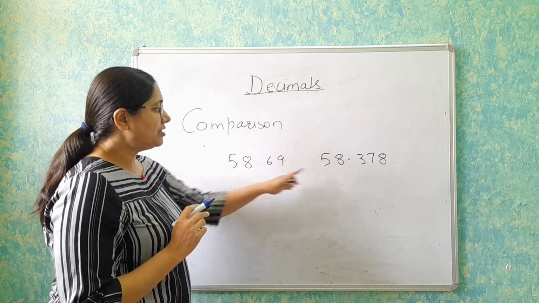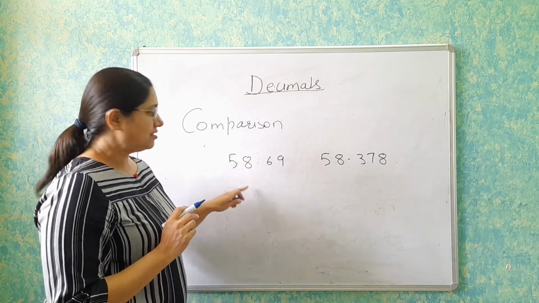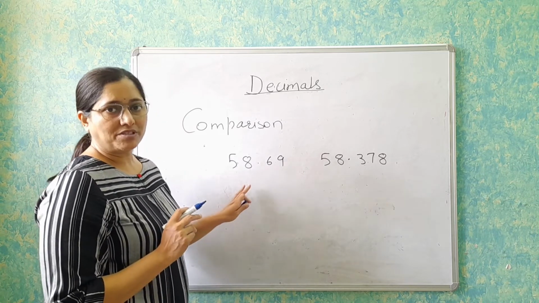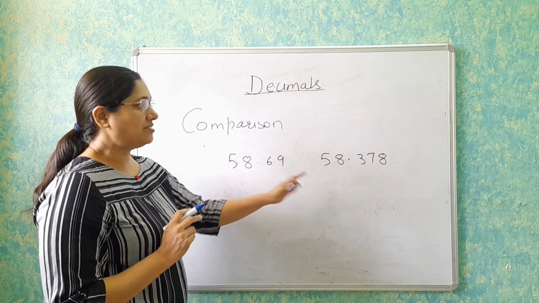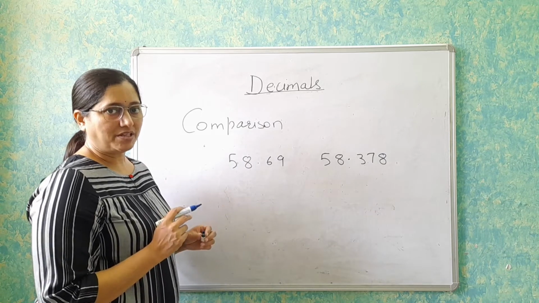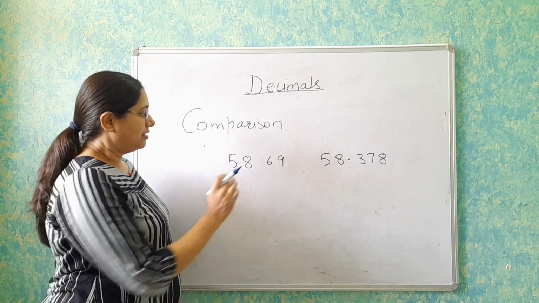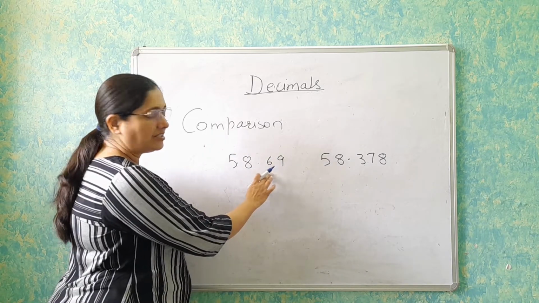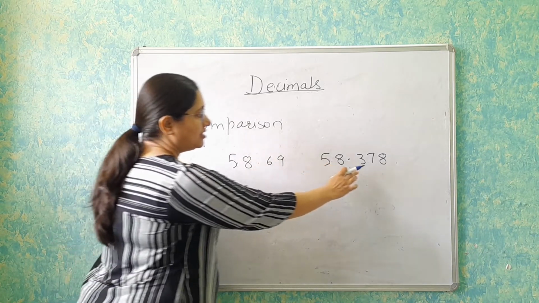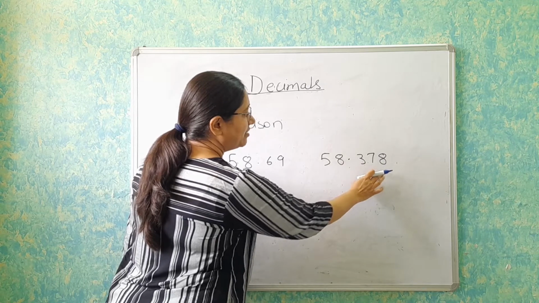See, the whole numbers are same in both the cases. So we cannot decide on the basis of whole number that which decimal is greater and which decimal is smaller. Then we have to look for the decimal part. This is 69. This is 378.